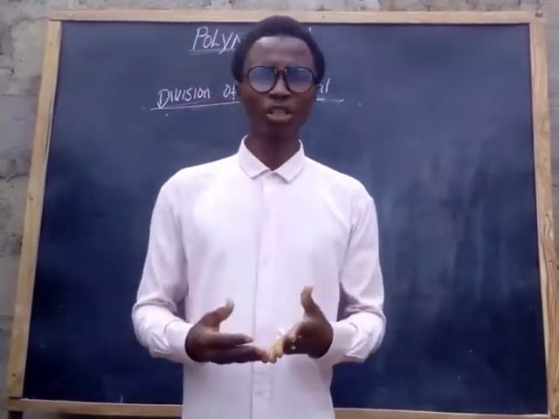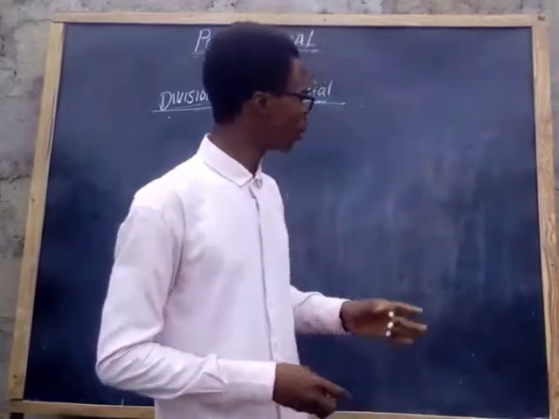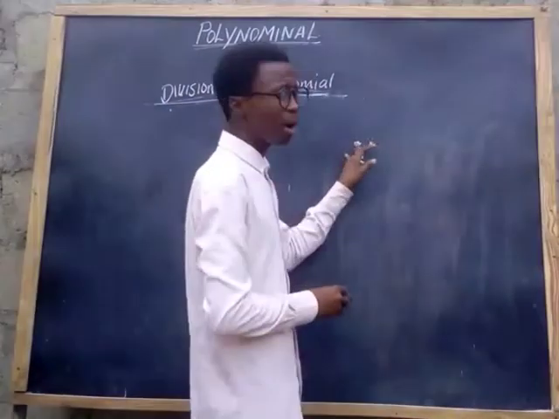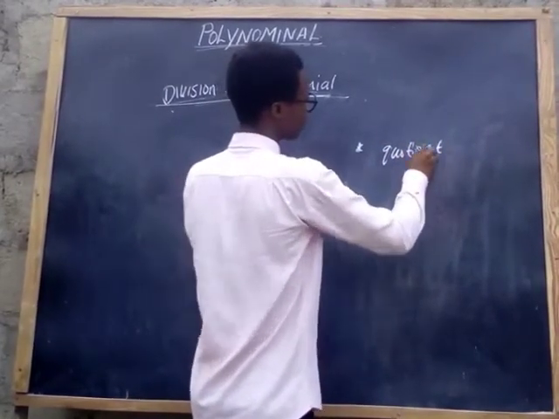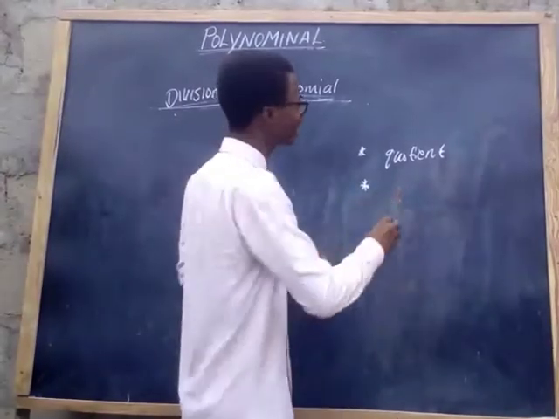Now, there are various terms that you have to understand while using the long division method. For example, we have four of them. One, the quotient. The second one, the remainder.